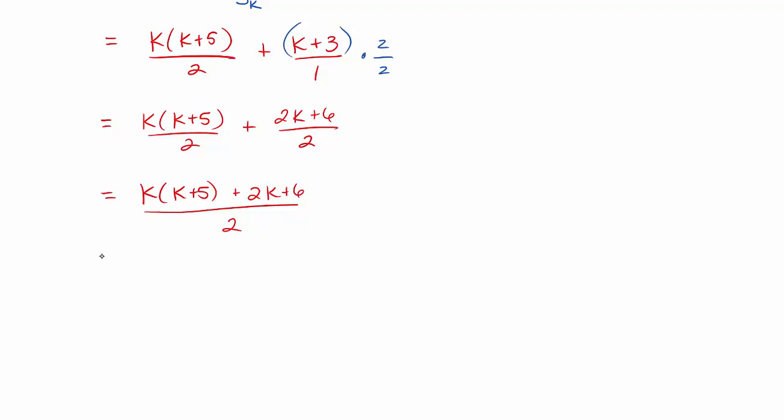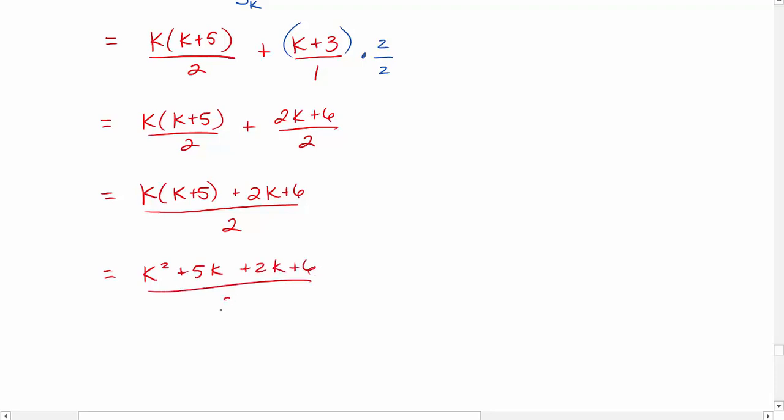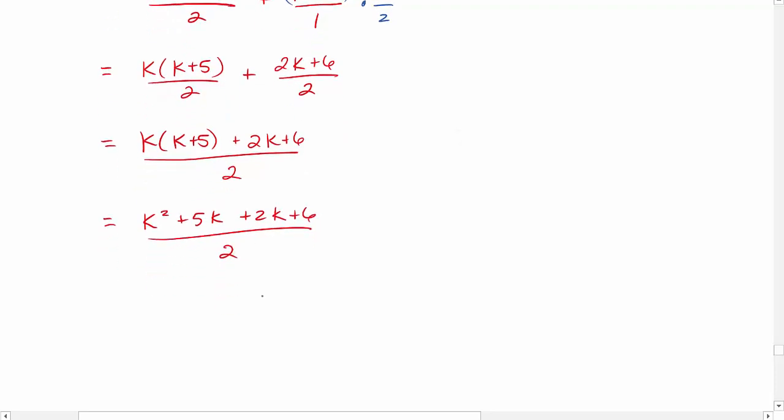k squared plus 5k plus 2k plus 6 over 2. Combining like terms, that's k squared plus 7k plus 6 all over 2.